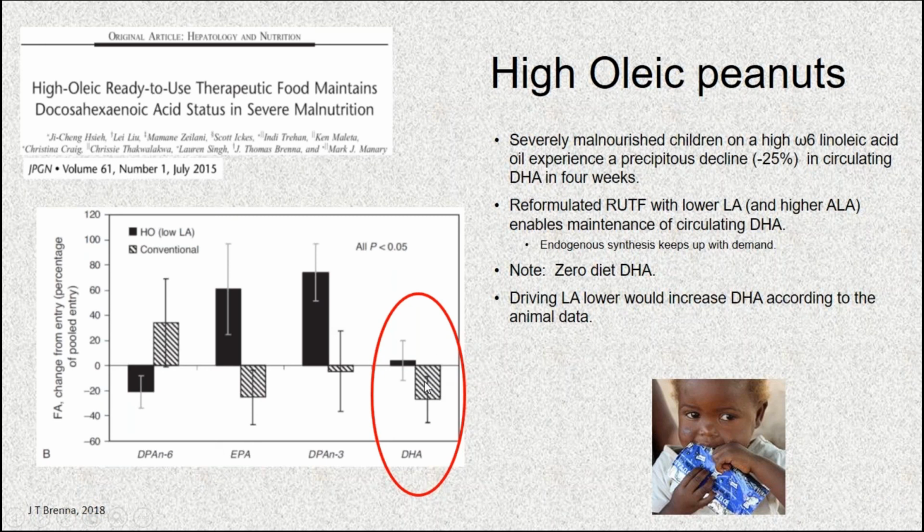When we reformulated it to balance the omega-3 and omega-6, the kids actually were able to synthesize enough DHA in order to stabilize their levels. In other words, their endogenous synthetic capabilities were sufficient to supply at least the basal DHA required for the brain. I think probably more DHA would be better, but this was most of it.